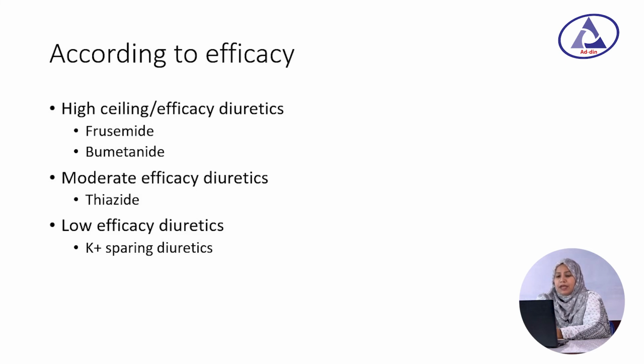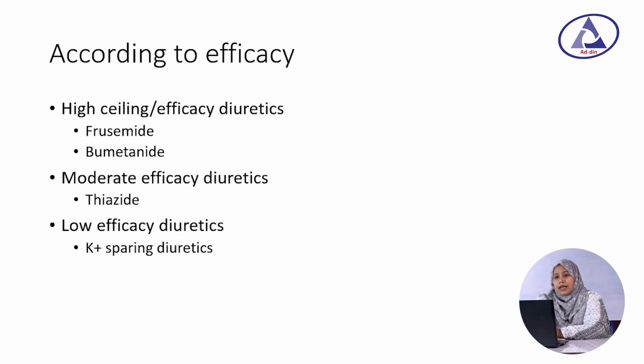And what are the moderate efficacy diuretics? Thiazides, which can excrete 10 to 15% of the GFR. Low efficacy diuretics can excrete less than 5% of the GFR. Low efficacy has very low efficacy, but they are also important because they can act without losing potassium, but the other drugs always cause loss of potassium and cause hypokalemia.